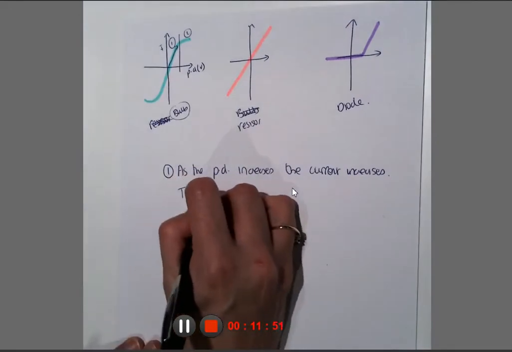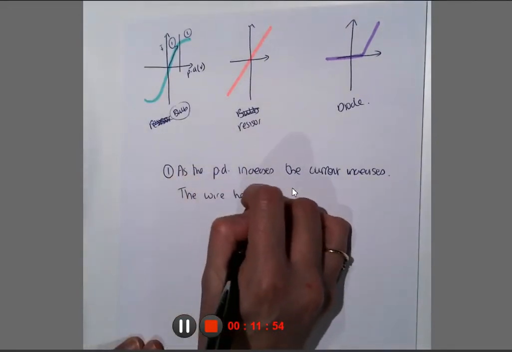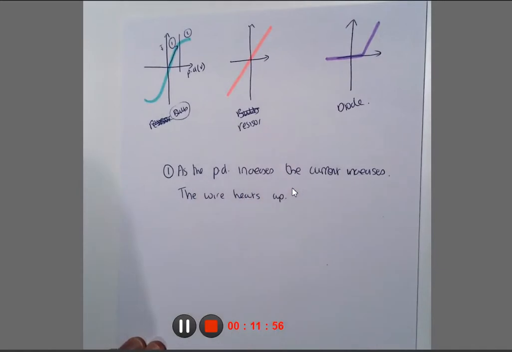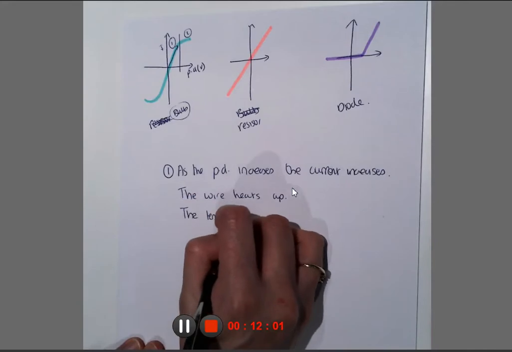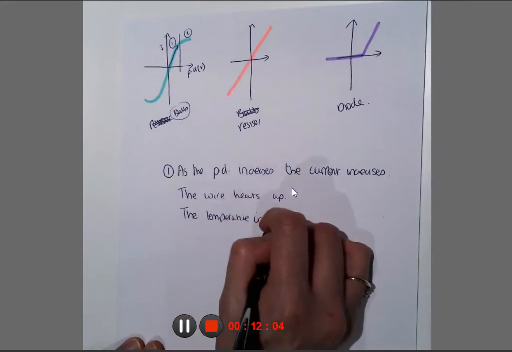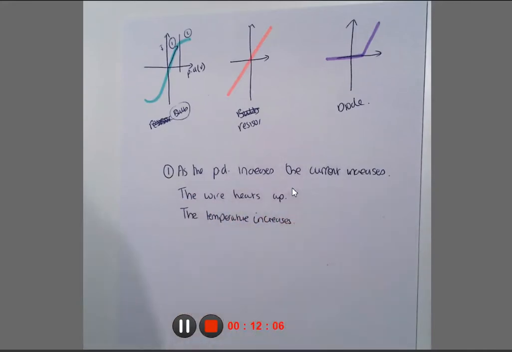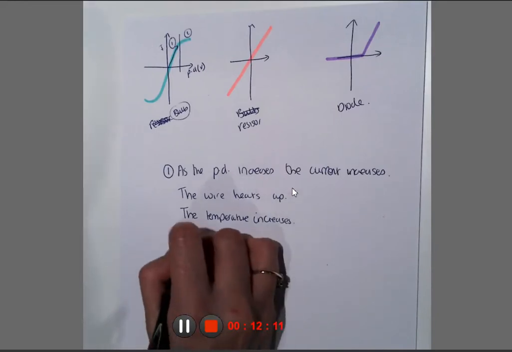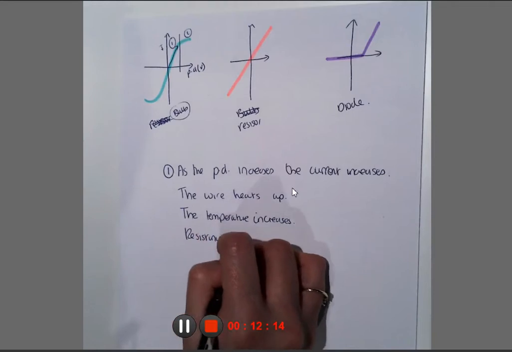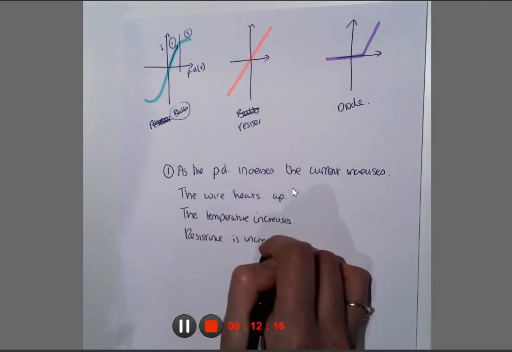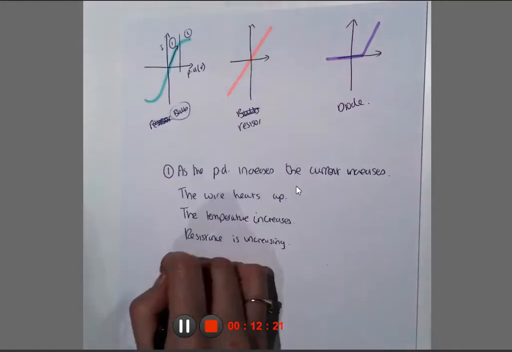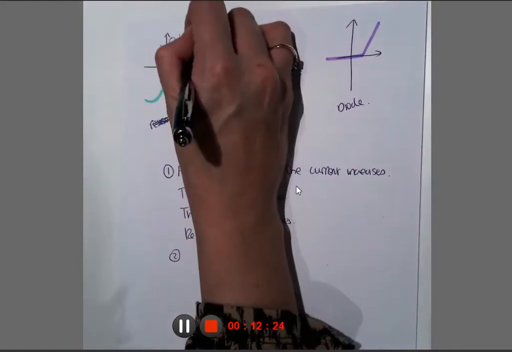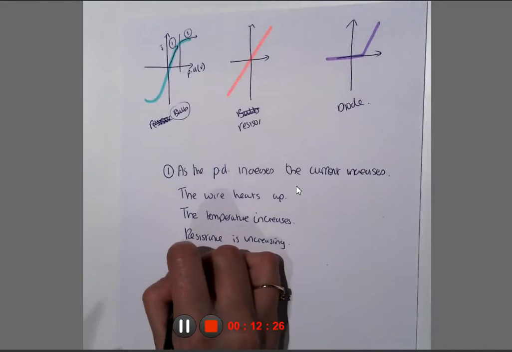The wire heats up. As the wire heats up, temperature increases. This makes it more and more difficult for the current to flow, so that means the resistance is increasing. If the resistance increases, what happens then in section 2 is the current will start to level off to a maximum value.